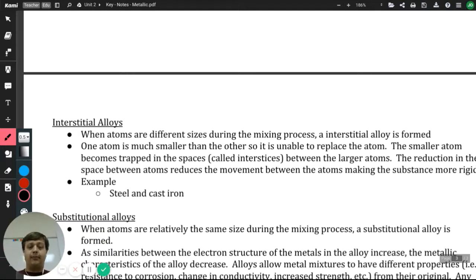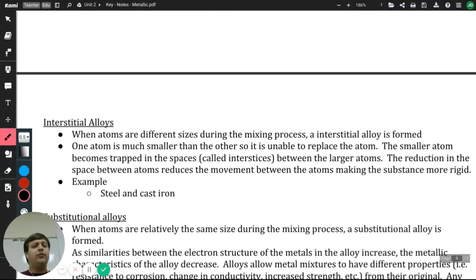So that smaller atom becomes trapped between the larger islands, the larger metals. Now, because of this, we see a reduction in the space between those molecules. And so since that happens, an example of something that could occur is that the substance would become more rigid. Okay? It would become less likely to bend.